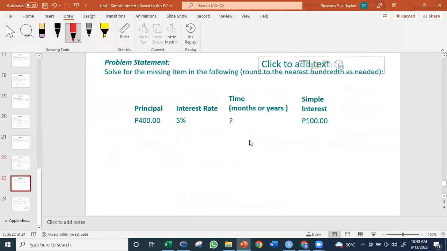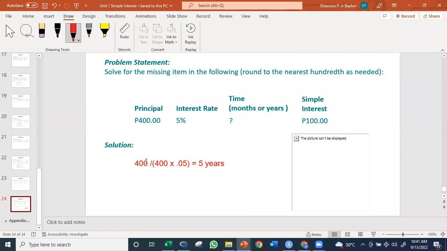The other example here will just compute for the time, given the interest, the rate, and the principal. So that will be simply I divided by P times T. So this is the interest divided by the principal times the R. That will give us the number of periods.